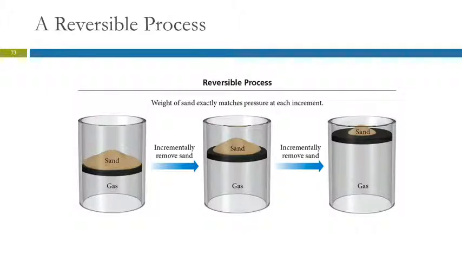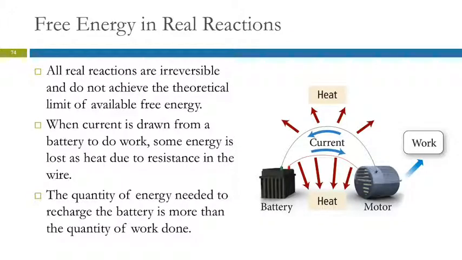And if we take another piece off, and so we're removing the sand one grain at a time. Very, very tedious. So incrementally removing sand, the weight of the sand is going to exactly match the pressure at each increment. It's a reversible process. We could also go the other way and add a piece of sand, and it would go back down.